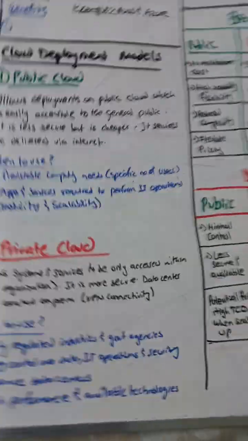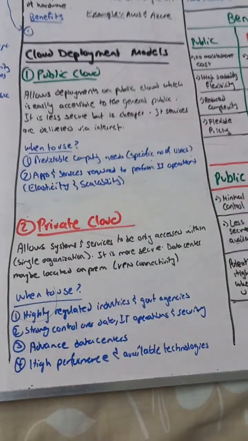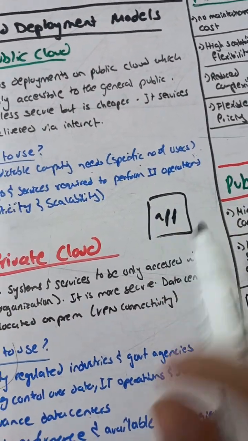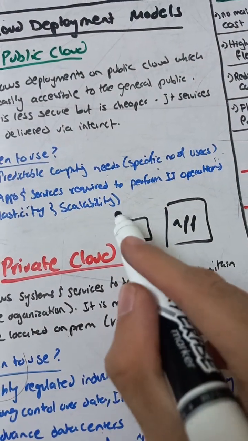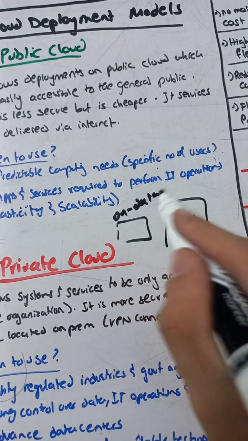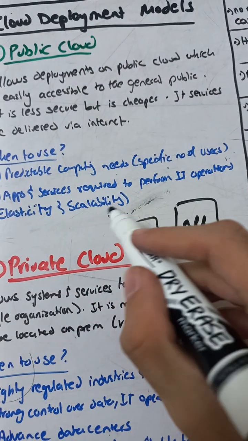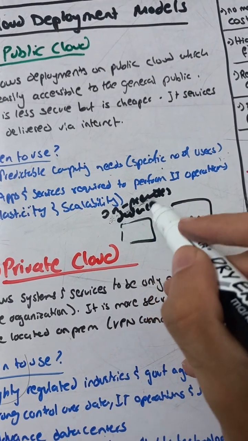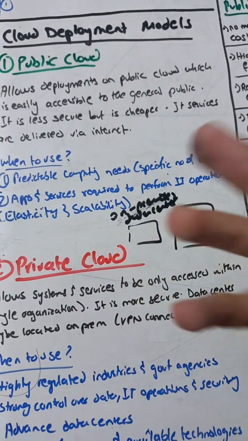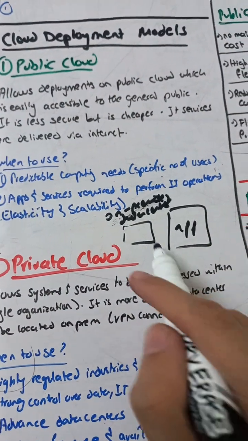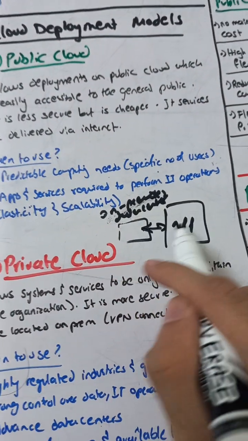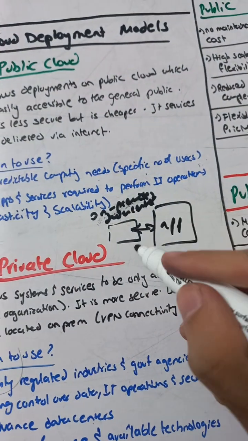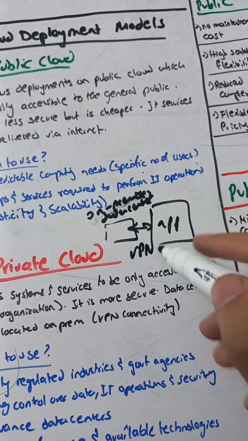You can imagine it like this: you have your application being built inside a private network which is connected to an on-premises data center, which is your company's or your organization's private data center, communicating with this application, which is also in a virtual private network, through a VPN connection.